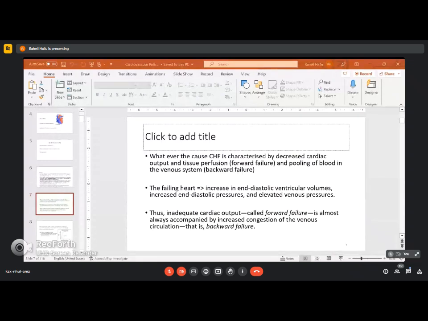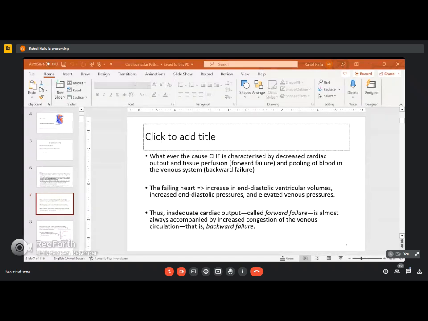Yes, because the amount of blood that's going out is less, so a lot of it is retained back. It stays within the ventricles. So the end-diastolic volume puts pressure on the ventricles themselves, resulting in increased end-diastolic pressures, and end-diastolic pressures eventually result in an elevated venous pressure.